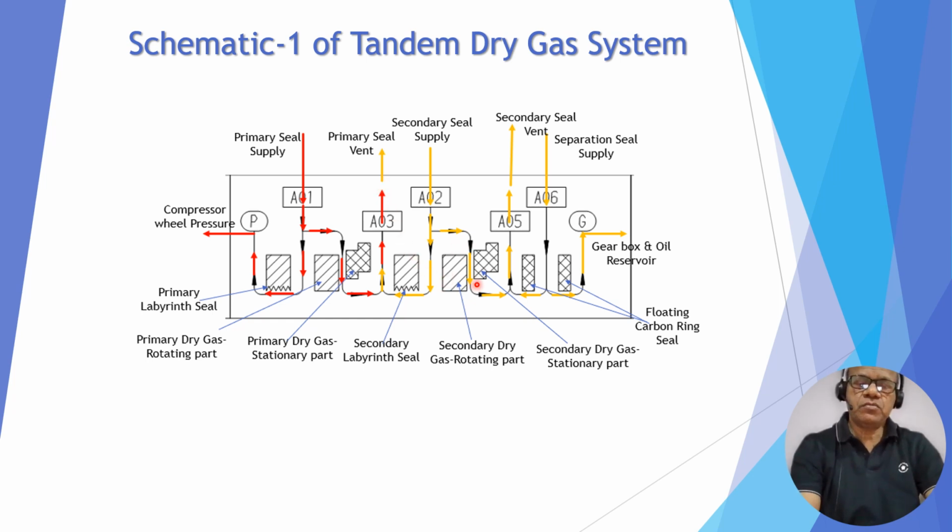Again, there is a small leakage through the secondary faces, and it vents to the secondary seal vent. And this is the separation low pressure nitrogen, which leaks and mixes to the secondary seal vent on this side, and on this side it goes to the oil reservoir. So this is the arrangement for the tandem dry gas seal.